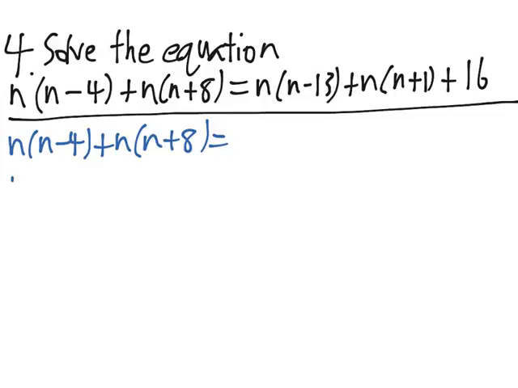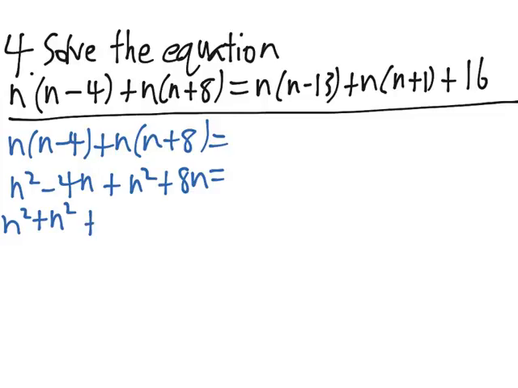The left term will be n squared minus 4n, and the right term will give us n squared plus 8n. Now if we combine like terms, we have n squared plus n squared plus minus 4n plus 8n, which is equal to 2n squared plus 4n.